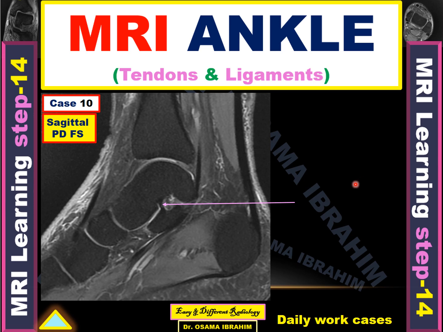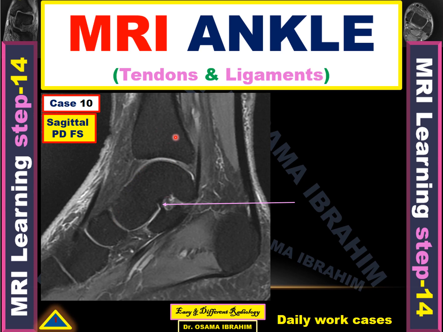Case 10 and last case, which structure is the arrow representing? This is a sagittal proton density fat-suppressed image, as you can discriminate muscle from the bone. And this one, the most posterior tendon, is called the Achilles tendon, with the retrocalcaneal bursa and the part from the calcaneus.